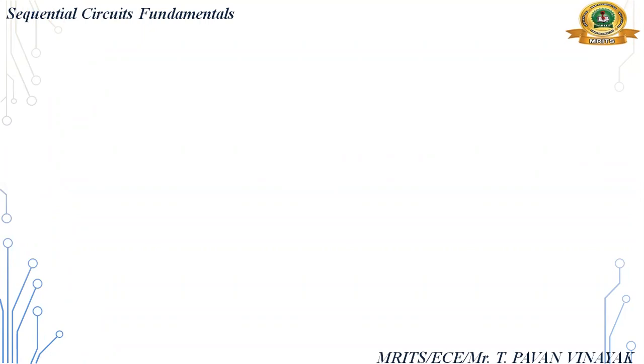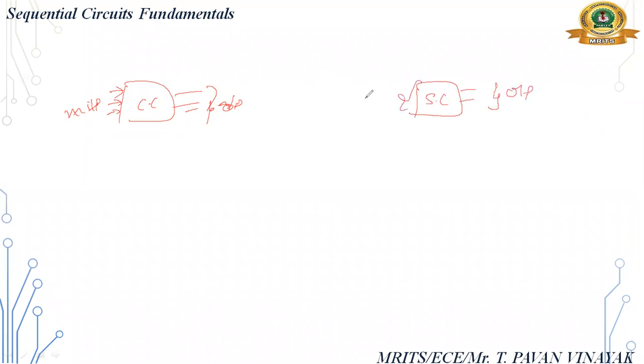In a combinational circuit, we design a circuit using logic gates only. It has n inputs and m outputs, right? So this is a combinational circuit. A sequential circuit is also a circuit; it also has m outputs and n inputs.